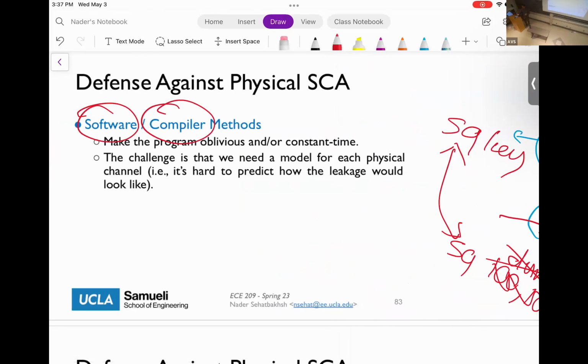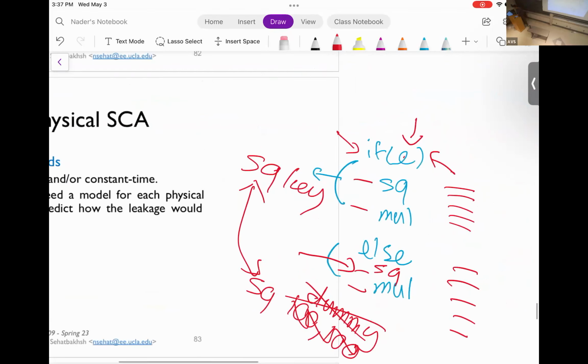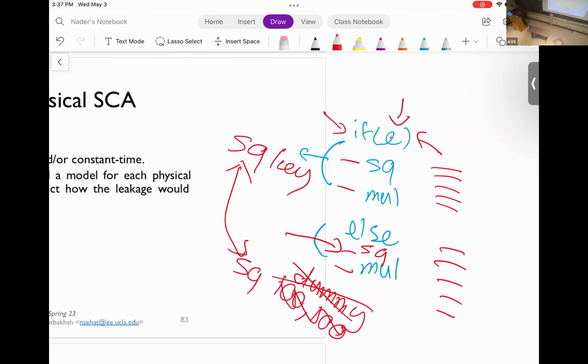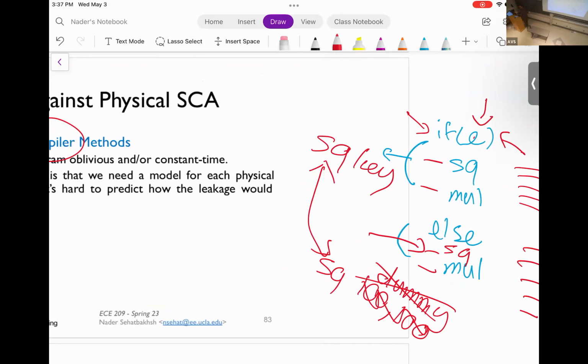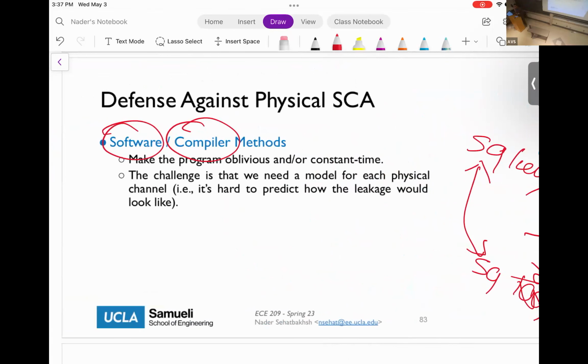There are actually sophisticated compilers where you write your program normally, they take the program and they add these dummy activities in the branches as you wanted. So this makes the whole process automated, because you don't even need to be worried about this kind of thing. Okay, so that's one solution. But as I said, the challenge is that this adds to the power overhead of your system.